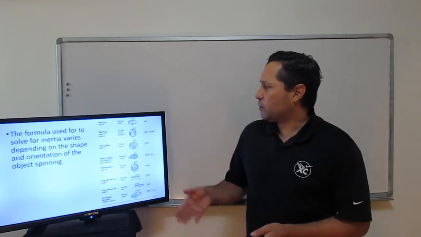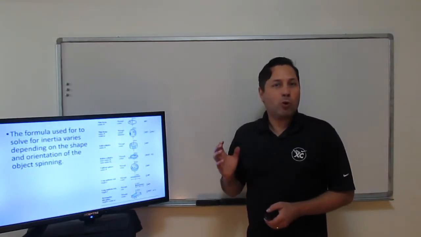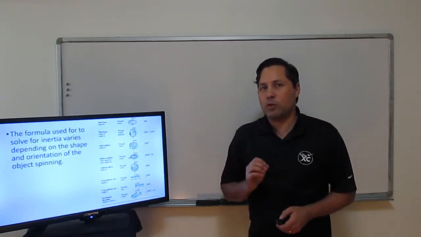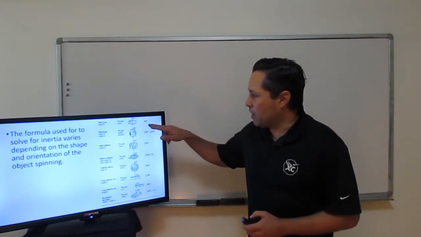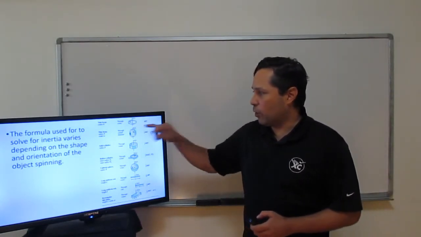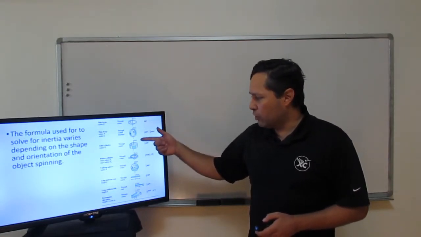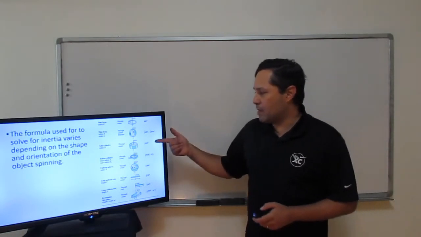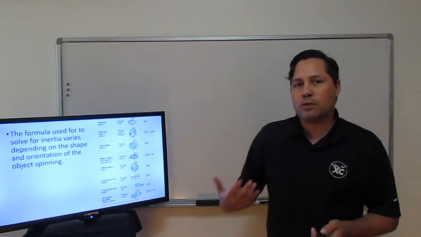So, next, inertia is based more on the shape. Not just the mass, but it is also affected by the shape. So, the formula that you're going to use could be mass times the radius squared if you just have a thin hoop. But if you have a solid cylinder or a sphere or a rod, the formula changes. Maybe it's a half times the mass times the radius squared, or 2/5 times the mass times the radius squared.